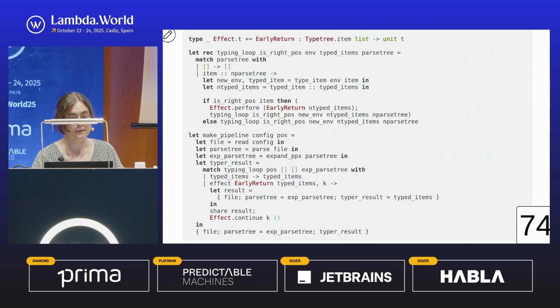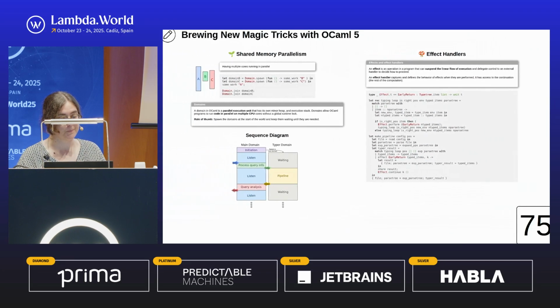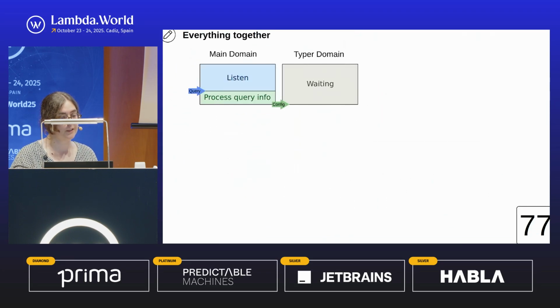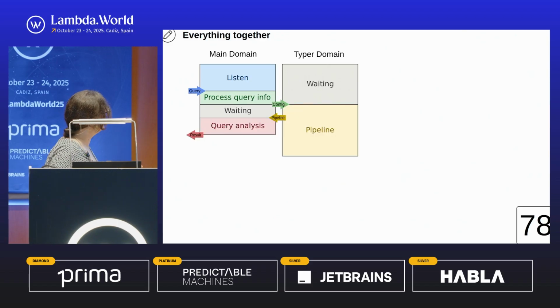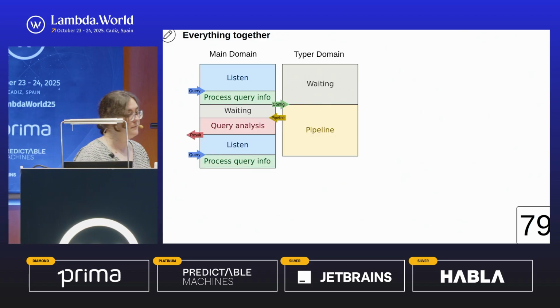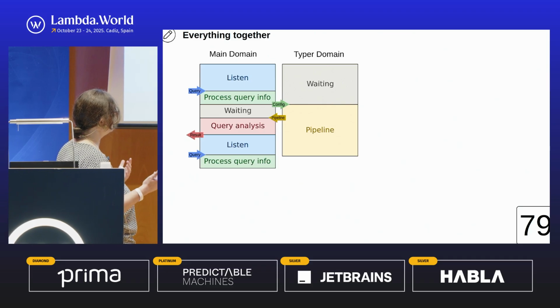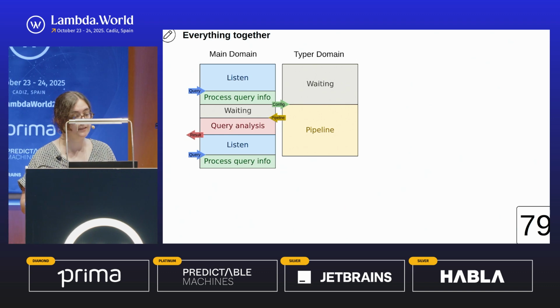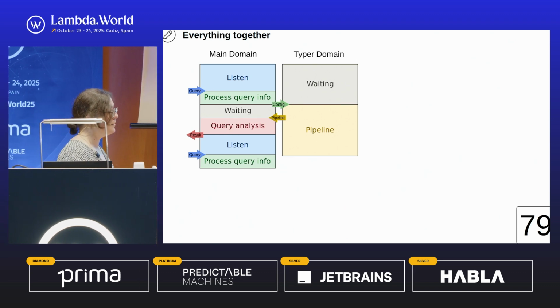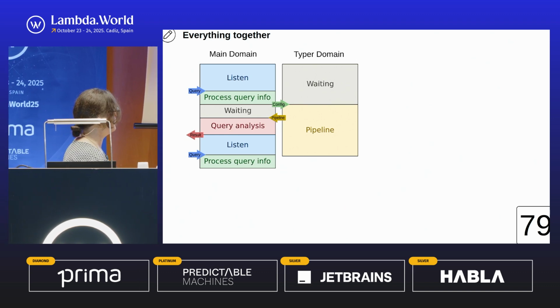So the cancellation, yes, this is a bit more code, if you want to come back to that during the questions. The cancellation has the same start, right? Except now the main domain perceives a new query while the typer domain hasn't finished typing yet. So the main domain receives a new query and decides if it needs to cancel the computations that the typer domain is still doing.